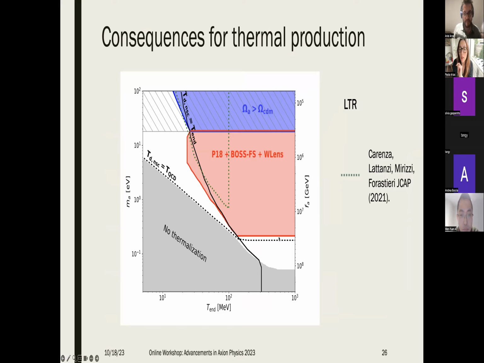But in a non-standard cosmology like low temperature reheating, you relax those constraints when this T end temperature is lower than some 100 mega electron volts. All this parameter space is now open and not constrained. For masses of an electron volt, for instance, and T end of around 50 mega electron volts, it is not constrained.